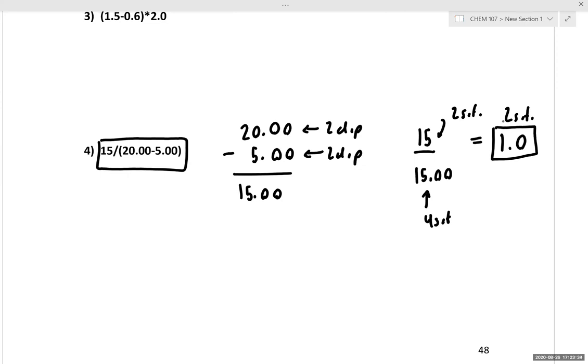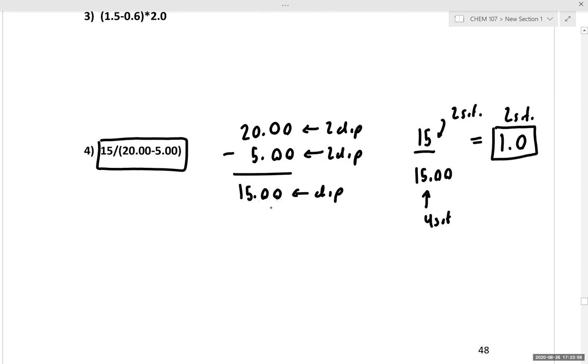To elaborate a little bit more, since we're dealing with a subtraction operation, we care about decimal places. Both of our numbers have 2 decimal places, so our final answer needs to have 2 decimal places. We retain all of our digits up to the 2nd decimal place.